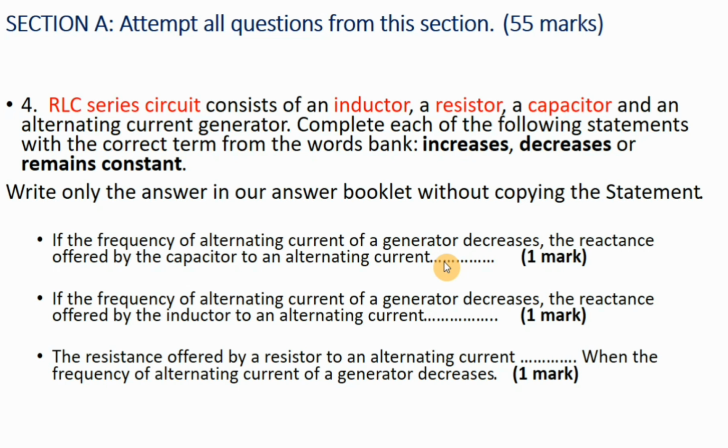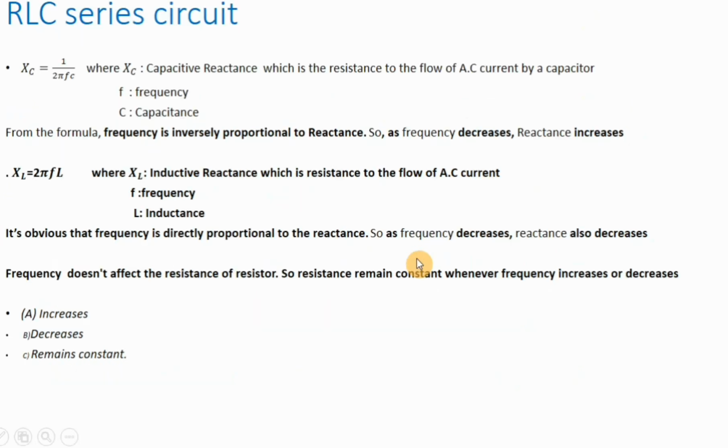In order to complete this statement, we have to know the relationship between the reactance and frequency. So let us first see the relationship between reactance and frequency. Yes, as you see here, this is an LRC series circuit.